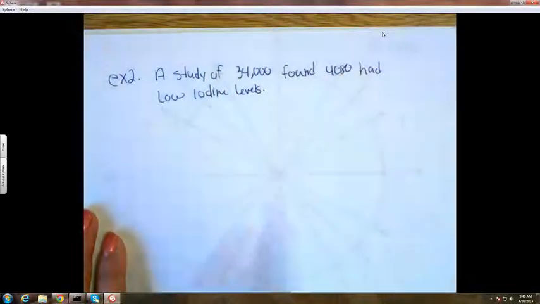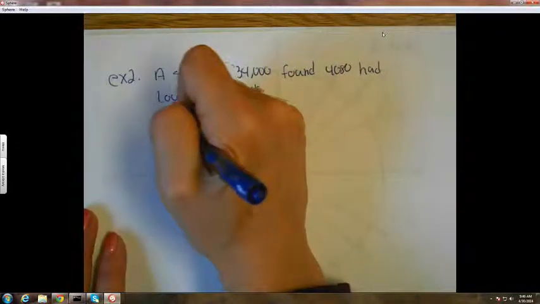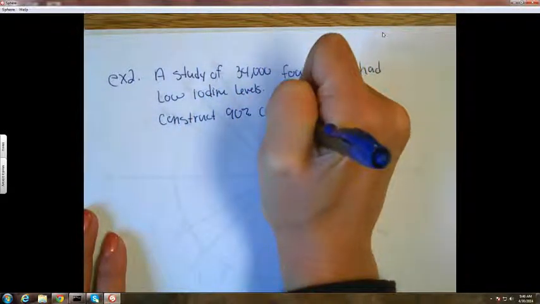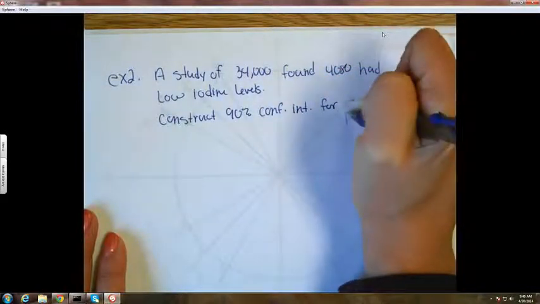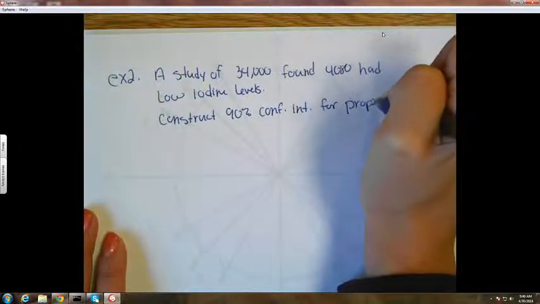Low iodine levels. Construct the 90% confidence interval for the proportion of all adults with low iodine.